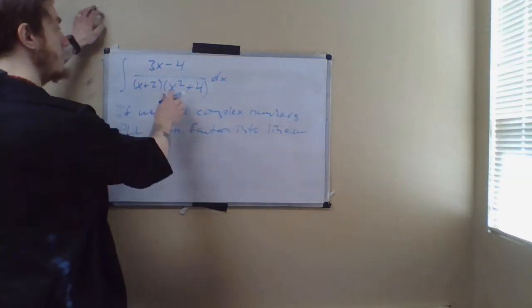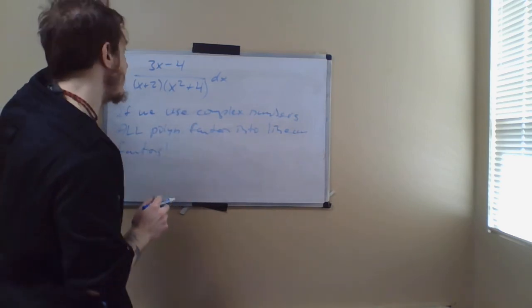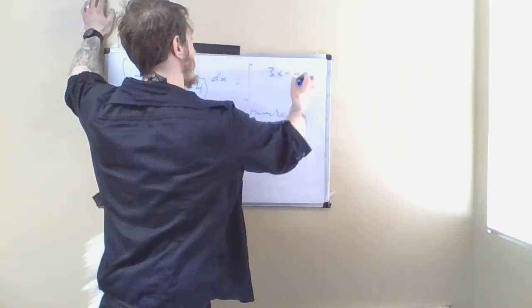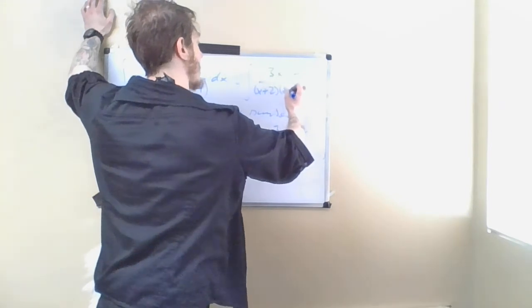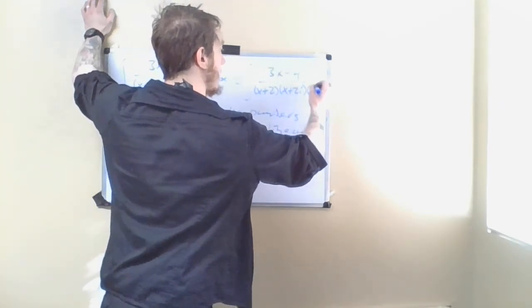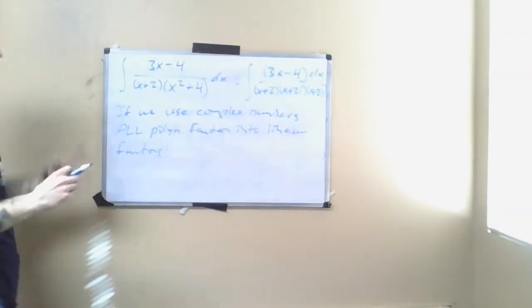So, for instance, in this case, x squared plus 4 is actually x plus 2i times x minus 2i. So this would be the integral of 3x minus 4 divided by x plus 2 times x plus 2i times x minus 2i. And I'll put my dx up there because I've run out of space.